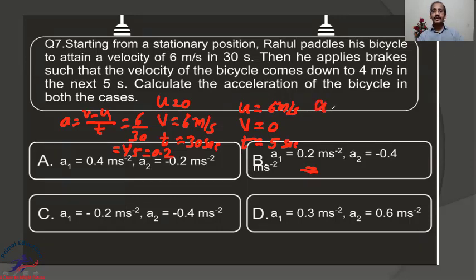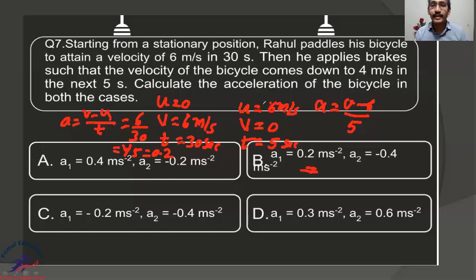Again, a is equal to (v minus u) by t. The velocity comes down to 4 meters per second, right?